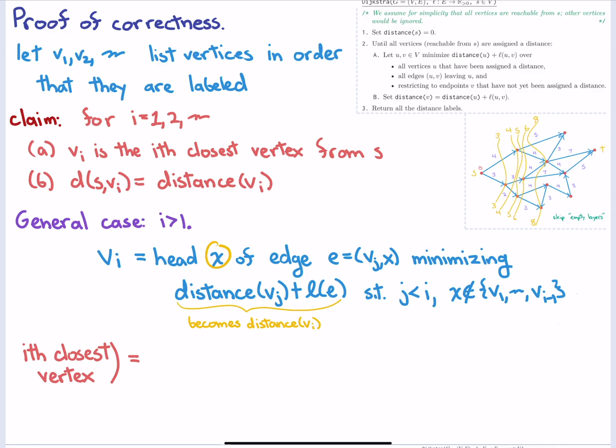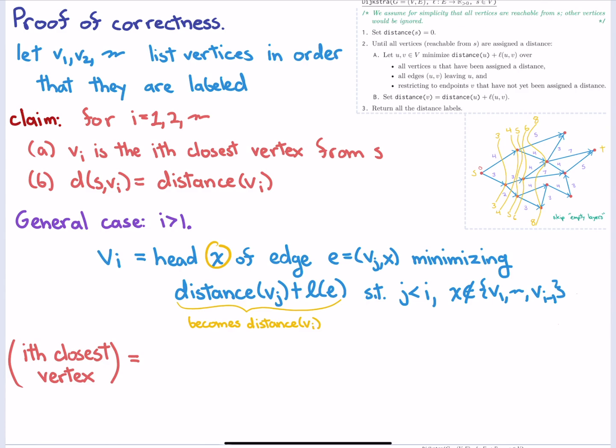Okay, now what about the actual true ith closest vertex, right? The true ith closest vertex can be described similarly, except it's based on true distances and not on labels, right? So the 10th closest vertex should be the one that, based on the previous 9 closer vertices to S, has the minimum cost of going to that vertex plus taking one more edge.